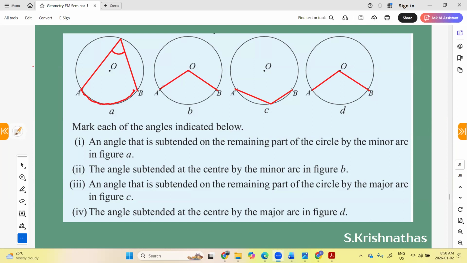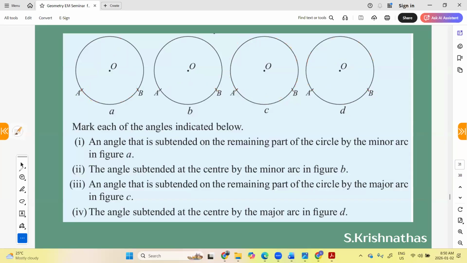This is the minor arc subtended angle at the center of the circle. This is the major arc subtended angle at the remaining part of the circle. The major arc subtended angle at the center of the circle. Any doubts?